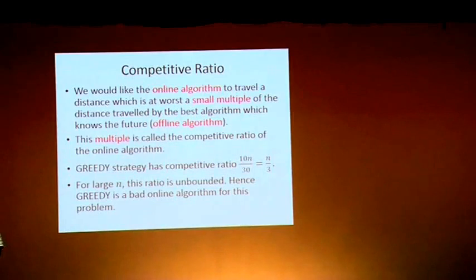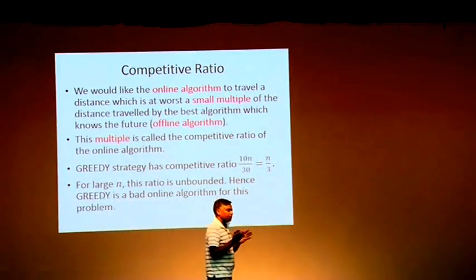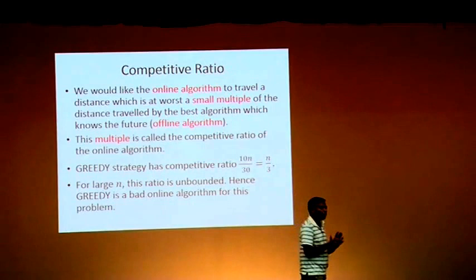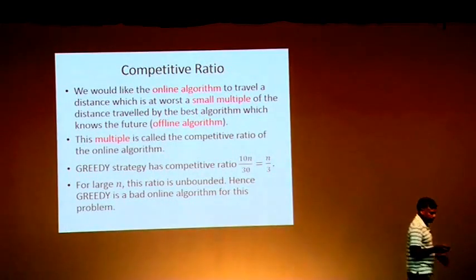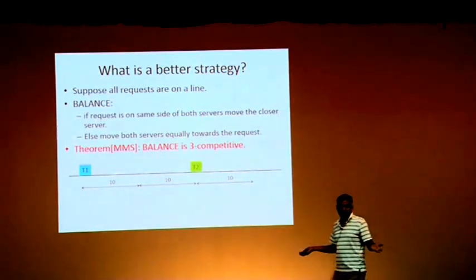We don't want such online algorithms. The whole purpose in designing online algorithms is to come up with an algorithm whose performance can always be bounded. Right? It doesn't ever grow in these rapid manners. Okay, so now you must be wondering, can I do anything better, or is it just the nature of this problem that nothing can be done here?